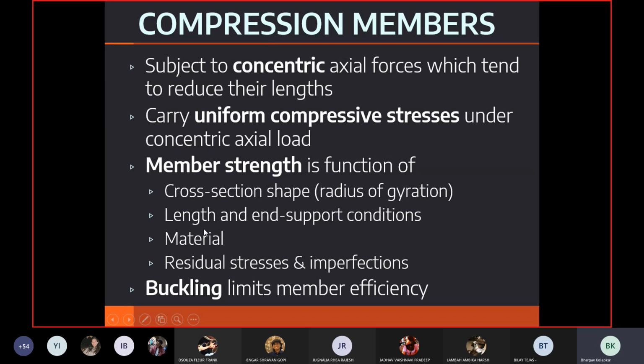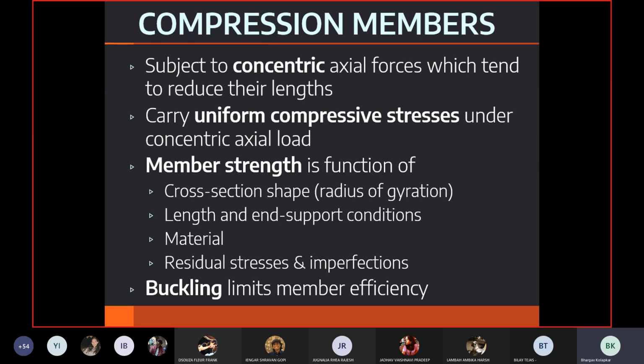So in tension members we saw that length did not play any role. Irrespective of what the length of the member was, the length of the member never came into picture. But here it does. And I think we already know an answer to this. Why? If you take say two steel scales that are of different lengths and you try to load them, it will be obvious that the longer one buckles with much less effort.